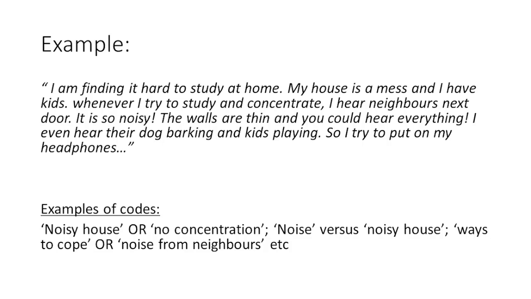Now, look at the third example of code labels that I've put in: ways to cope versus noise from neighbors. If you look at the segments and you're trying to put a label that summarizes the text, maybe I'm looking at ways to cope, or noise from neighbors.